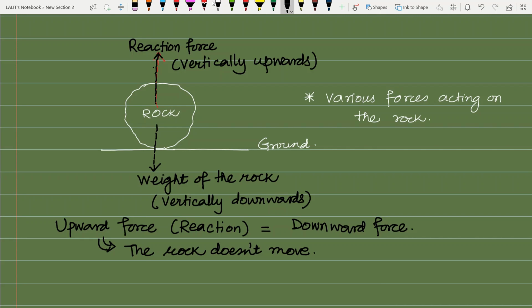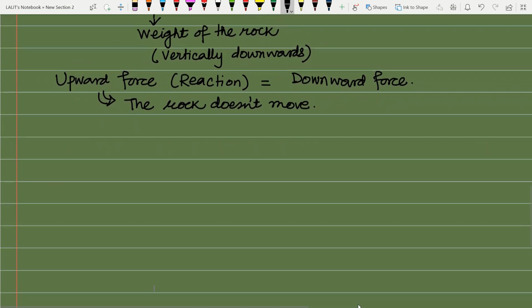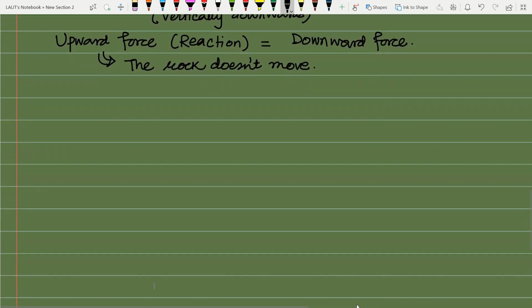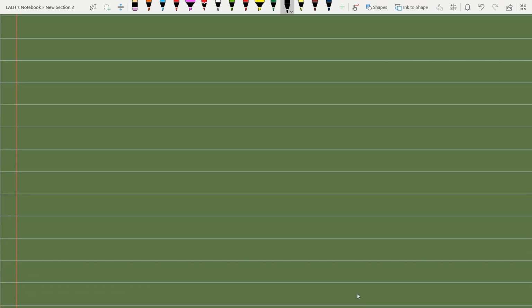Now let us take a second case. The same rock. Well, let us draw the same rock again. So we have a huge rock lying on the surface. The weight of the rock acting vertically downwards.